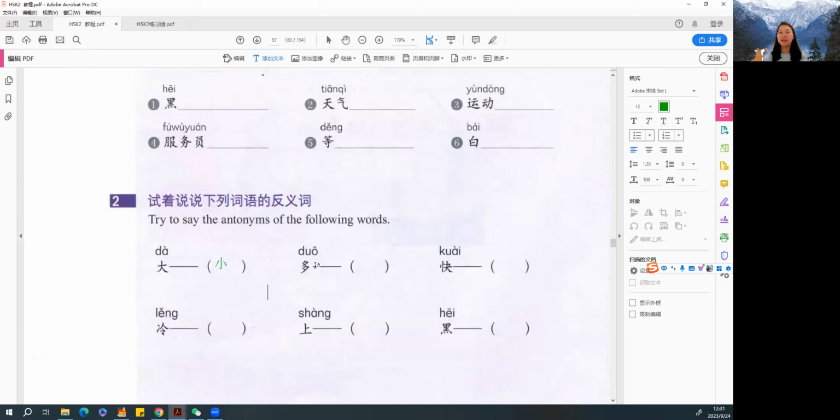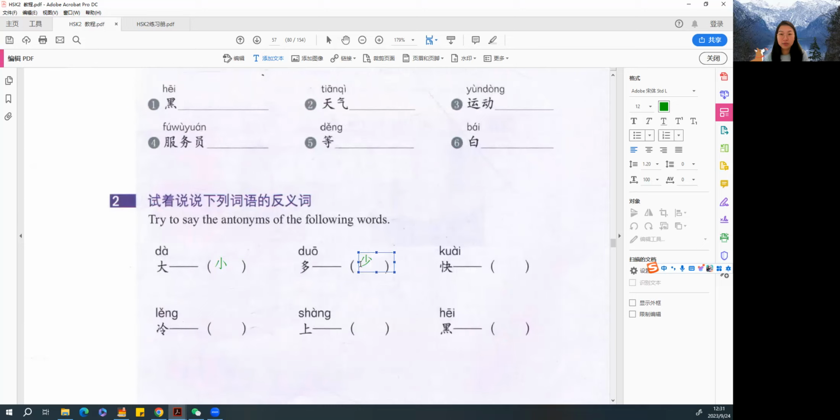多 means too much, too many, a large number of, a lot of, and the opposite is too little, a few of. We learned that actually because 多少 is always used for asking how many, 多少钱, right?